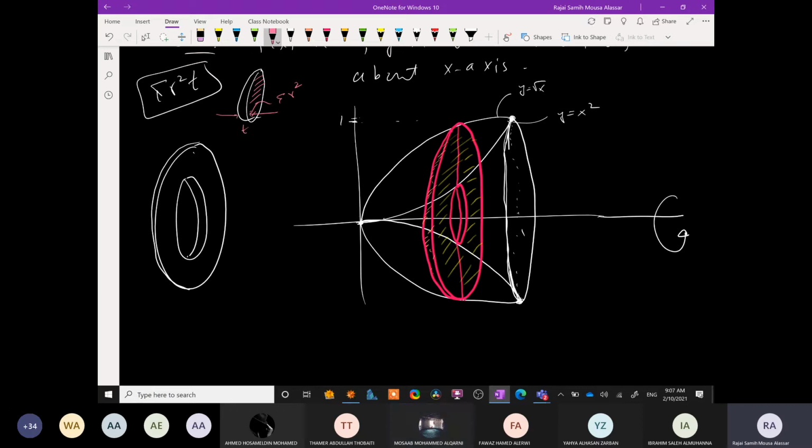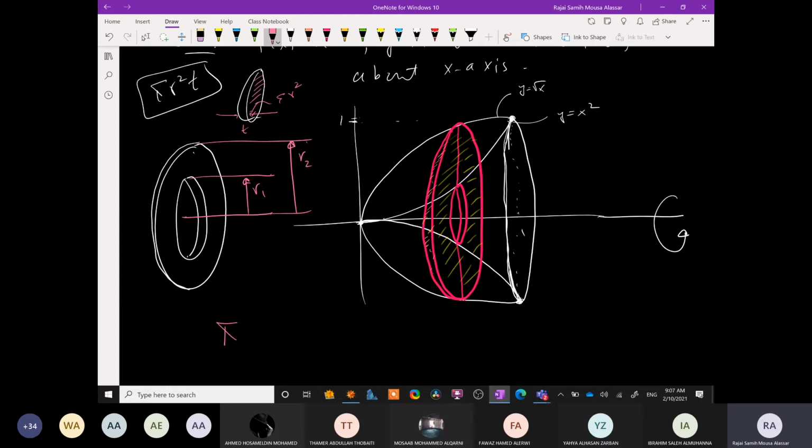But here you calculate the volume of the outer cylinder minus the volume of the inner cylinder, because there's nothing inside here. So this is your R1, and this is your second radius.